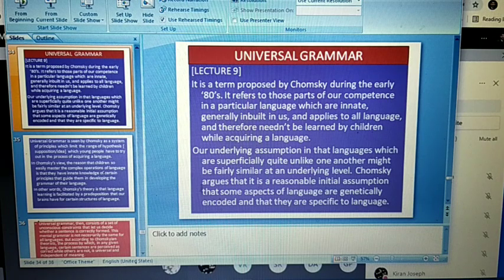Similarly, every individual has the basic notion of the functioning of the language of his first language, and that is the universal grammar. All right. So this is the gist of what universal grammar is.